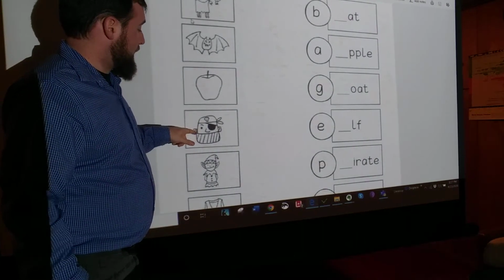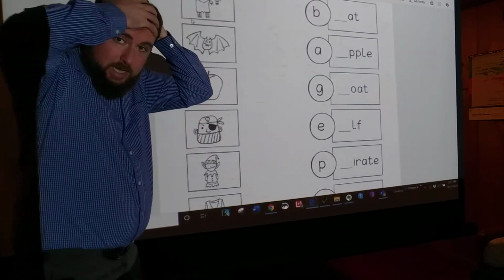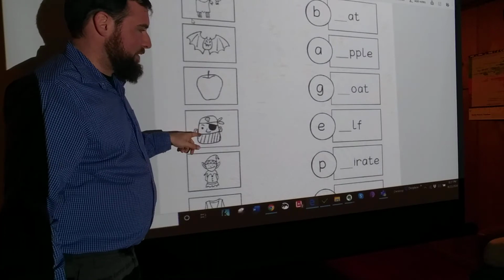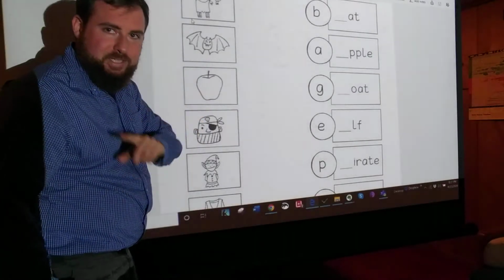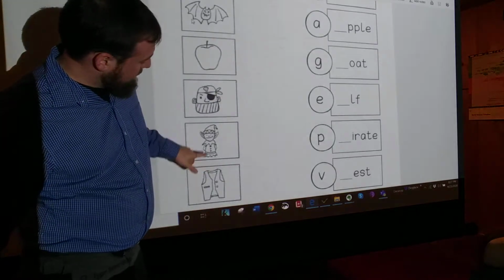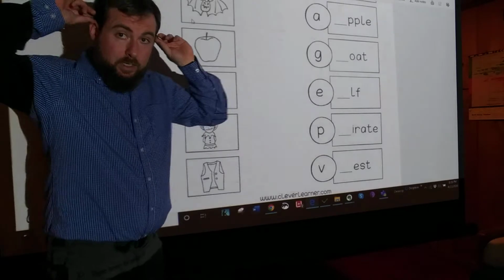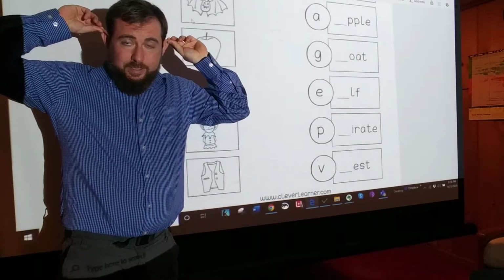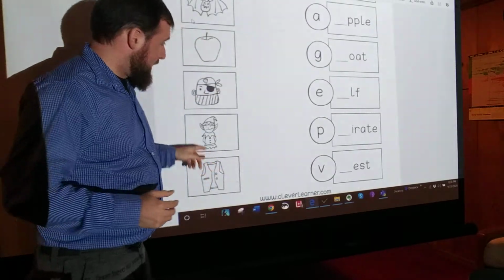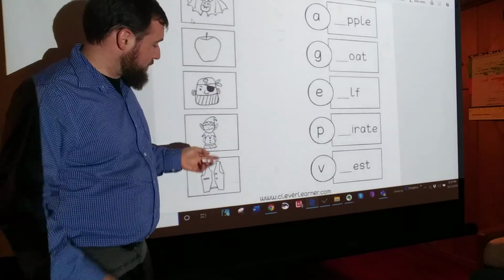Okay. Do you know what this guy is? He's got an eye patch. He's got a bandana on his head. Who does that? Pirate. Very good. Pirate. Okay. This guy down here, he's got pointed ears. Okay. Who has pointed ears? Okay. It's an elf. Elf, like in the Lord of the Rings, or Santa Claus.